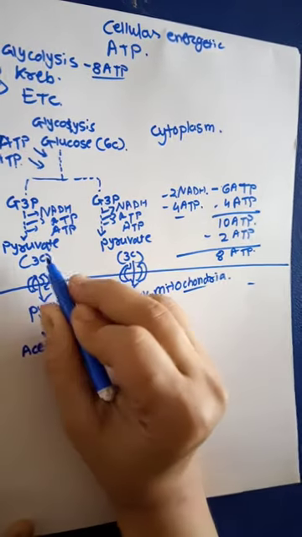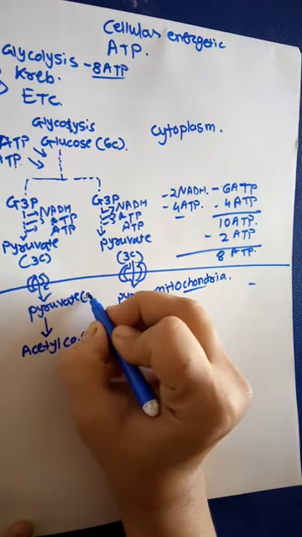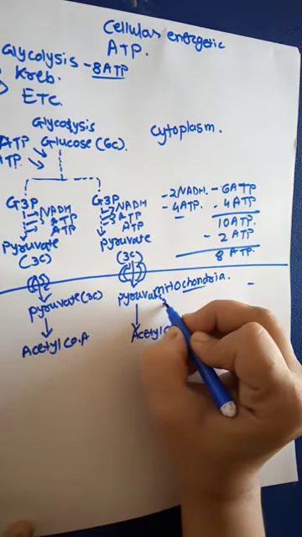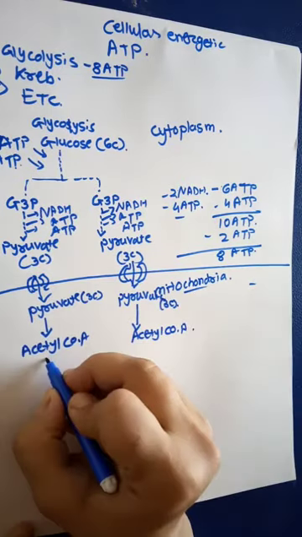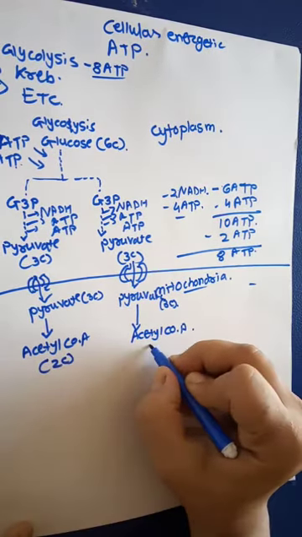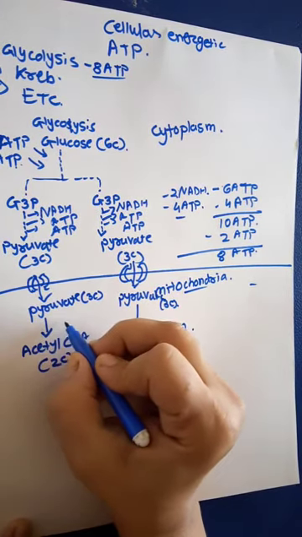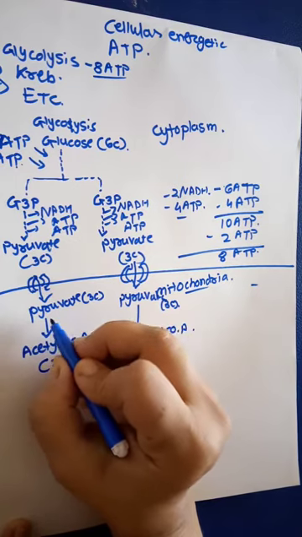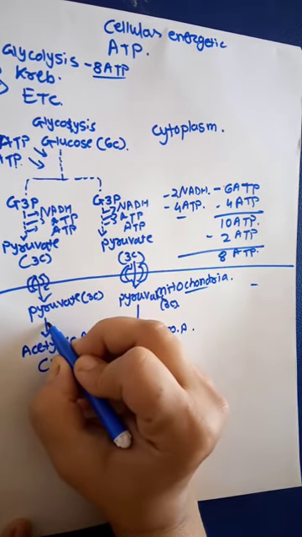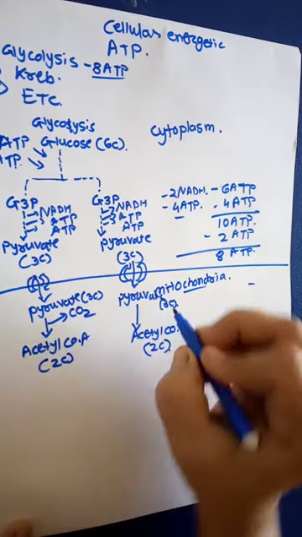See, we have discussed that pyruvate is a 3 carbon compound, and acetyl CoA is a 2 carbon compound. So one carbon will be released in the form of carbon dioxide.